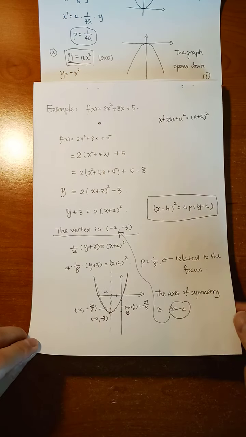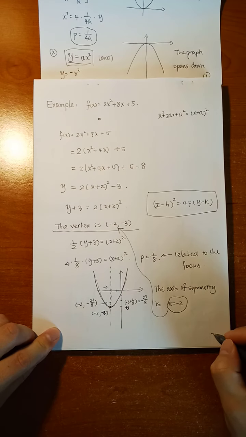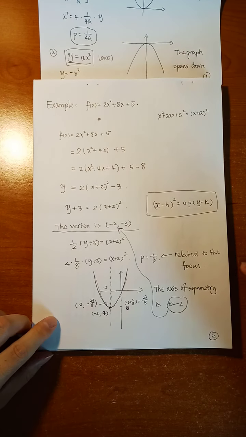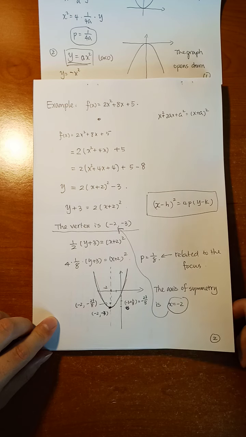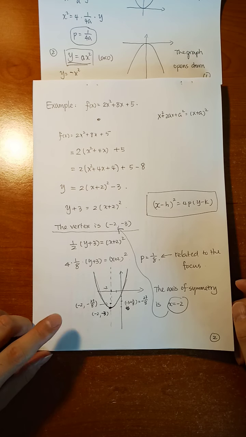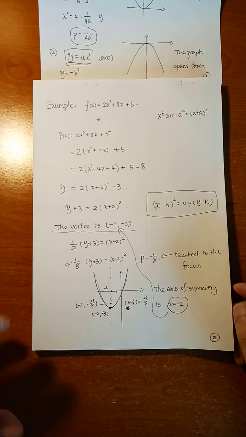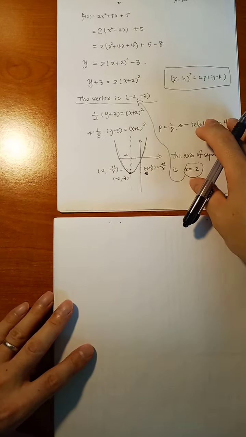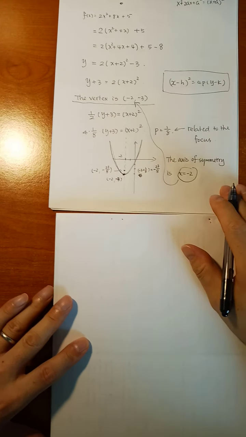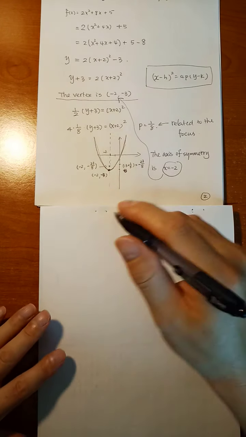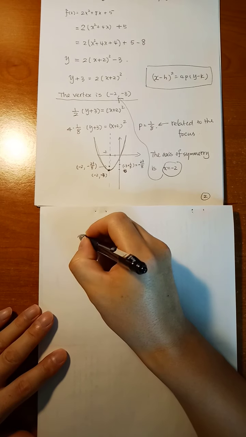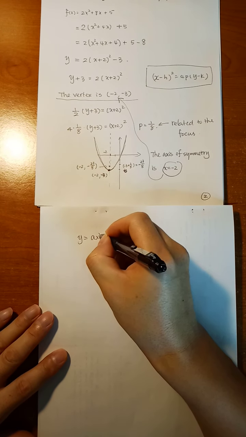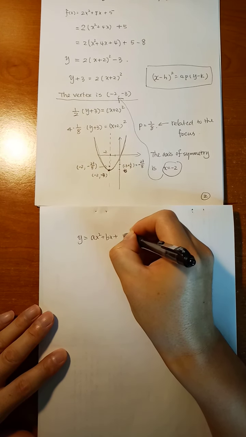Okay, so this is a detailed computation about the vertex and the focus. We can do the similar computation to get the formula. So let's do what we have done in the abstract way. Assume we have y equal to ax squared plus bx plus c.